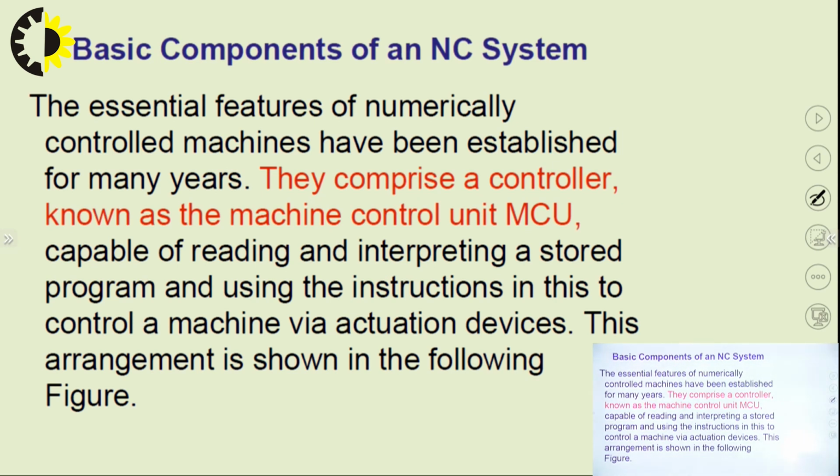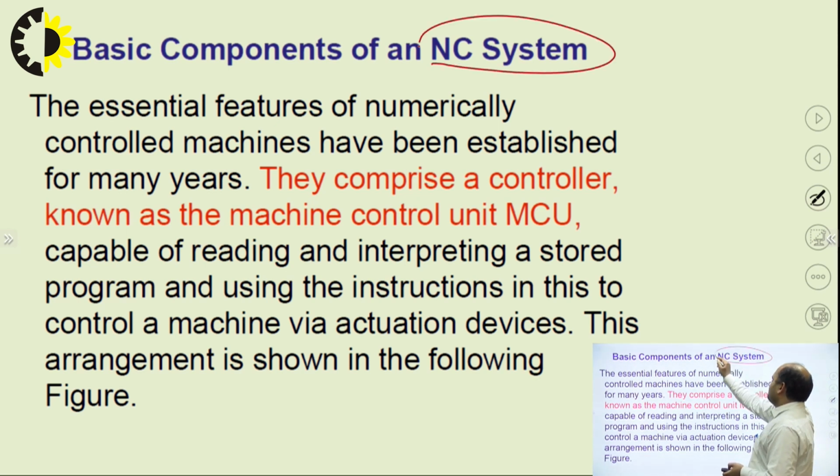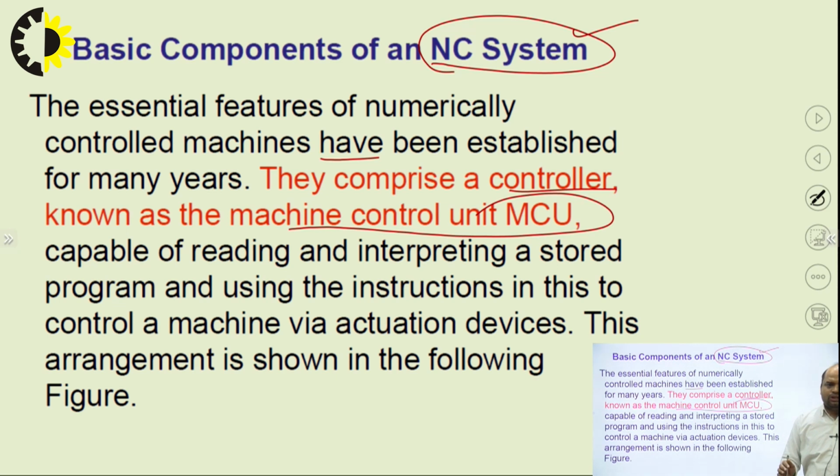So if we are talking about numerical control systems in computer aided manufacturing, the essential features of a numerically controlled machine have been established for many years. It comprises a controller known as the machine control unit. The MCU is the heart of these CNC systems, the computer numerical control machine system.